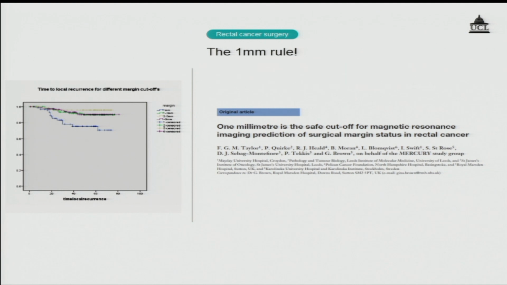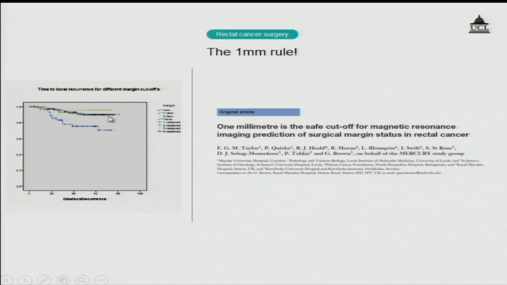There has been debate, and this margin on MRI we have seen come down from 5 millimeters to 2 millimeters by Beets-Tan, and then 1 millimeter by Gina's group. This paper, looking at the MERCURY data set, suggests that if you are within 1 millimeter, which is this line here, your time to recurrence is bad.